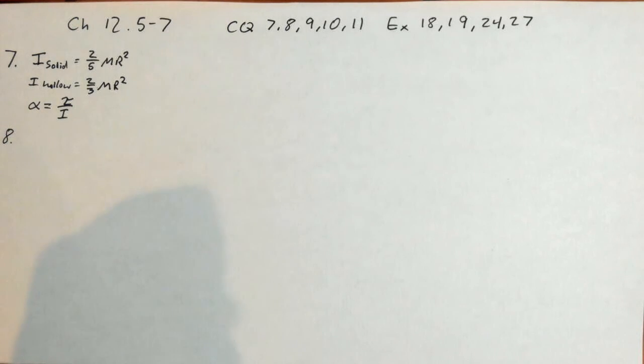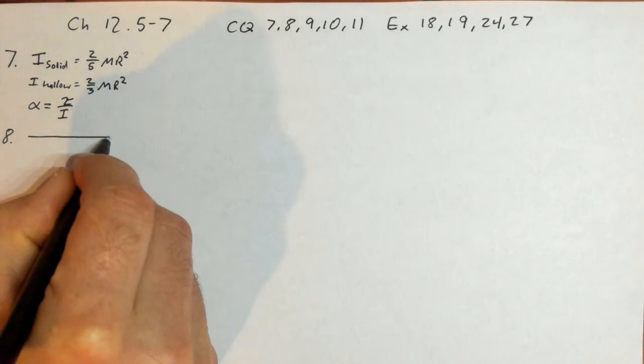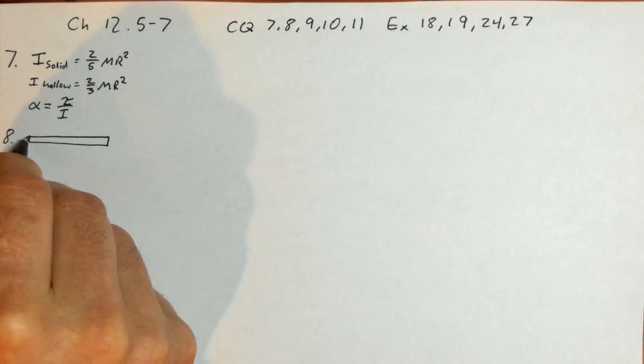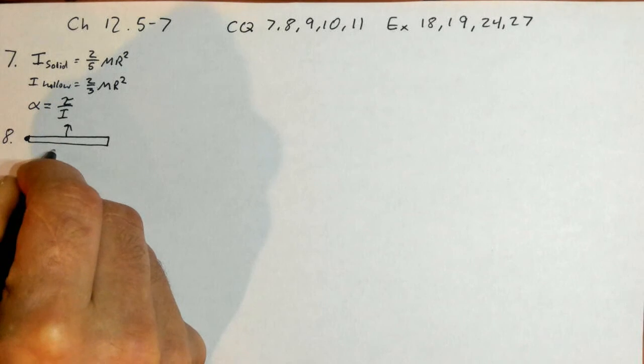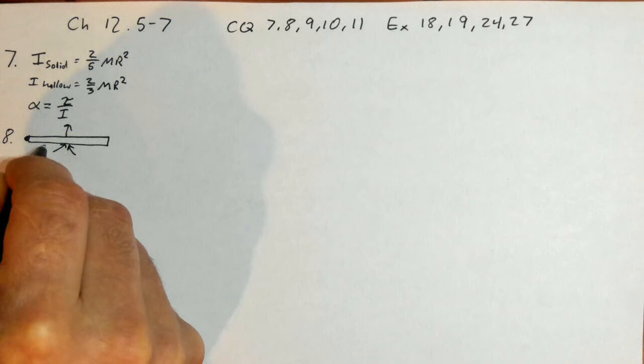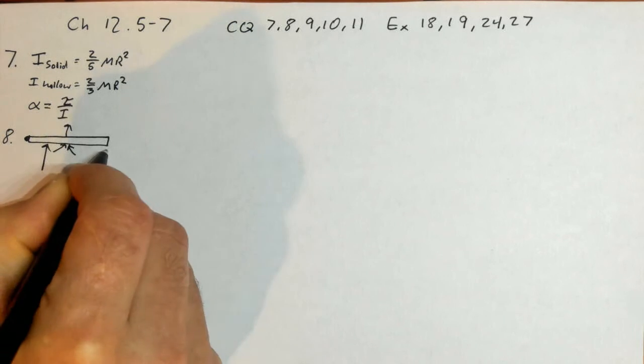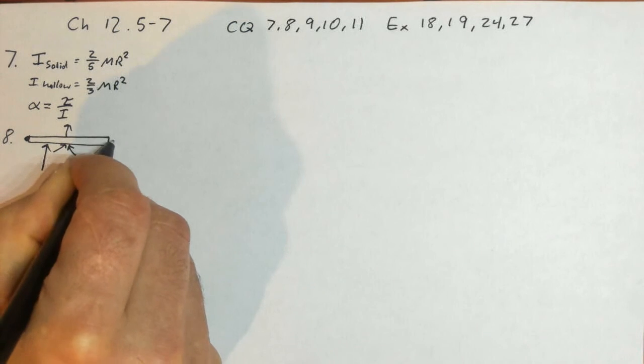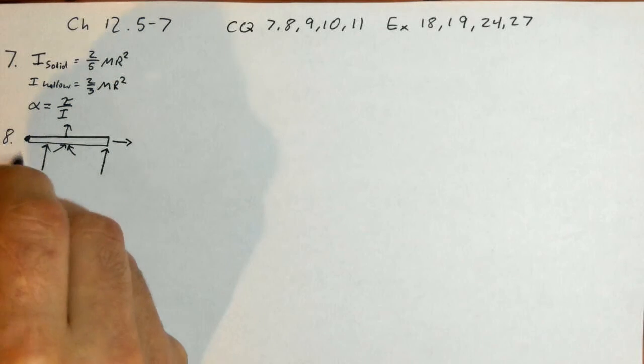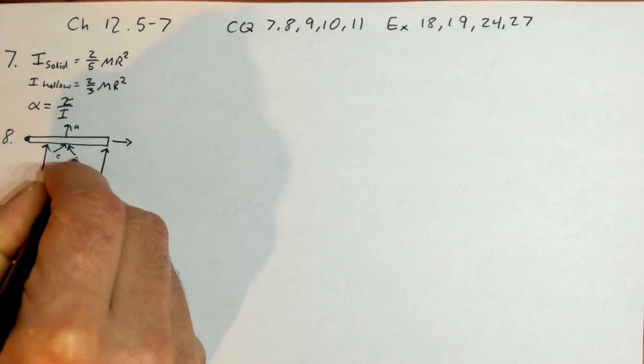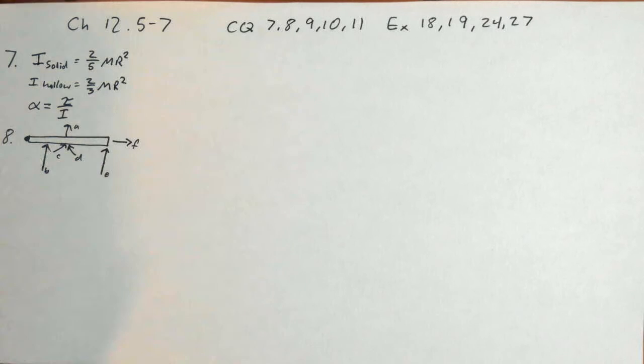Number 8. Okay, I'm going to draw this, go try and solve this one. Pivot point, force, force, force, double force, force. Okay, we have A, B, C, D, E, and F. All those vectors are forces, and you're supposed to rank the torque caused by those forces.